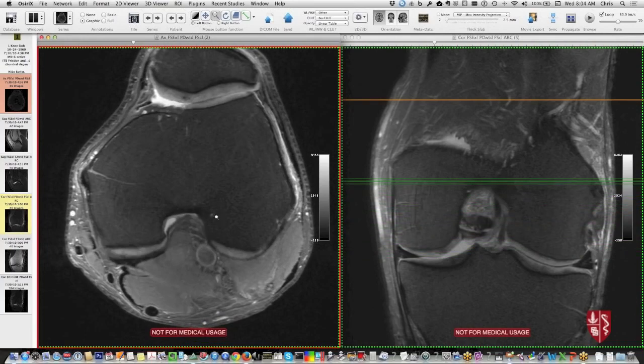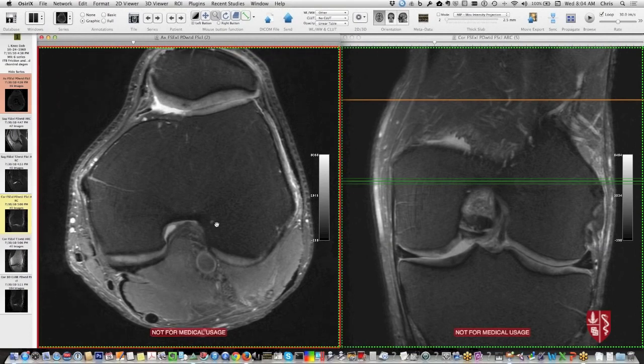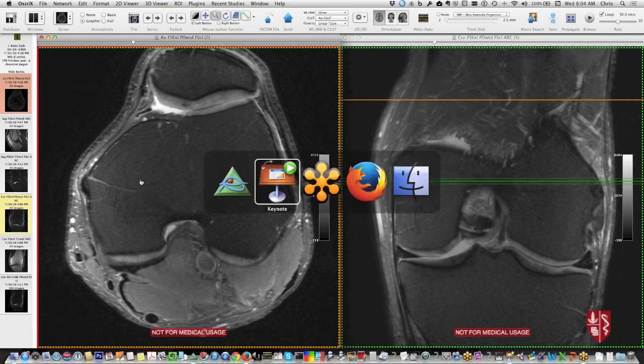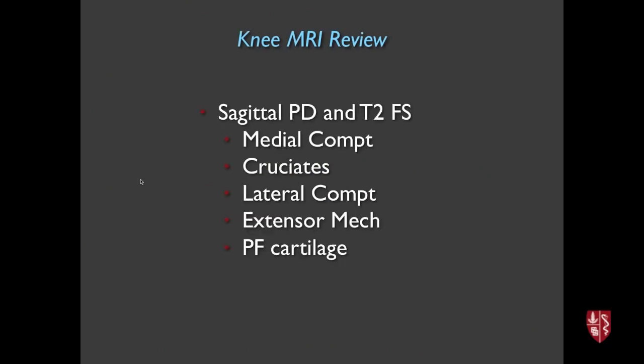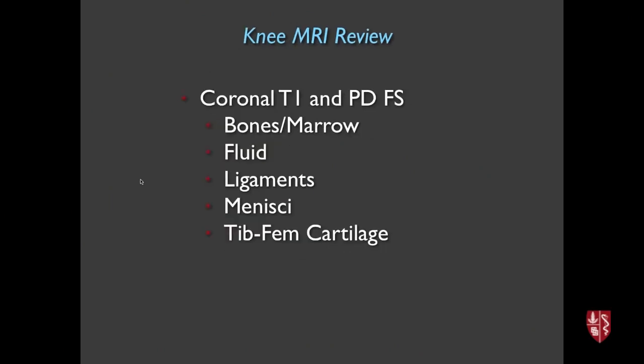So to summarize, that's like 30 minutes of a search that hopefully would only take 2 minutes if you're systematic about it. That tends to be what I do. We'll look at some cases here, but let me just go back real quick. Again, I'm not trying to indoctrinate anybody with saying this is the best thing to do, it's just an approach. I look at the coronal images for the bone marrow, fluid, ligaments, menisci, and then the cartilage in the compartments.